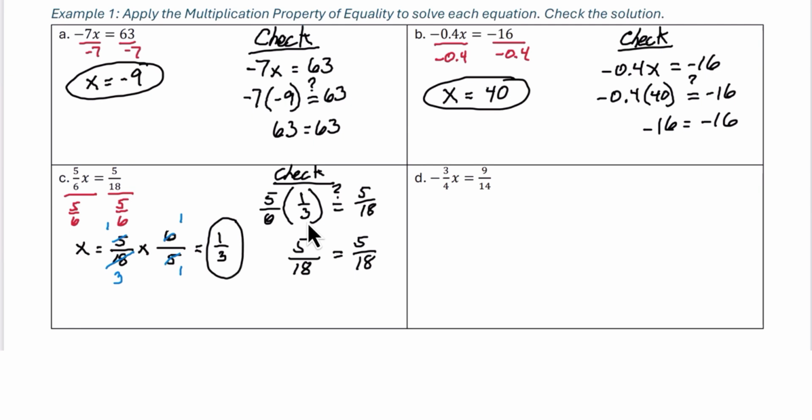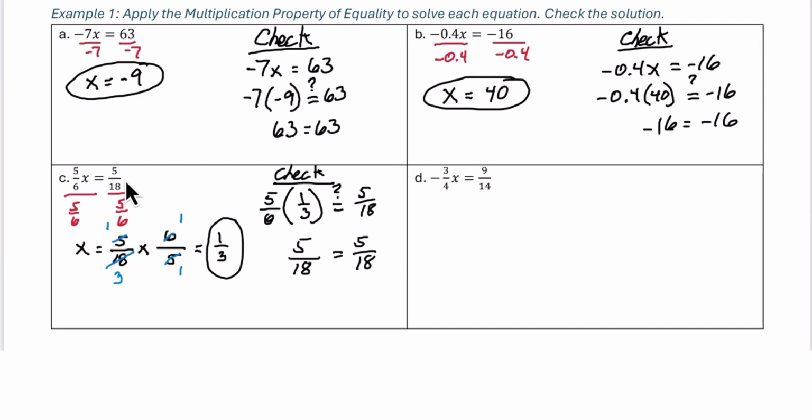Now there is an alternate way to solve this one when we have a fractional coefficient. Let's see the alternate way in this example. In my opinion, the second method is a little bit faster. Instead of starting by dividing by 5/6, like we did over here, we could have multiplied by the reciprocal, which is essentially what we did down here.